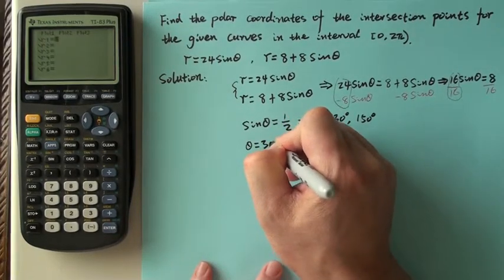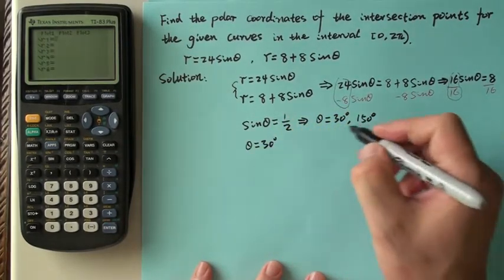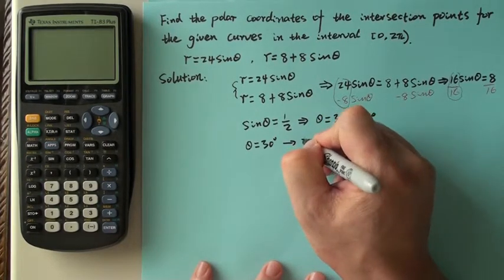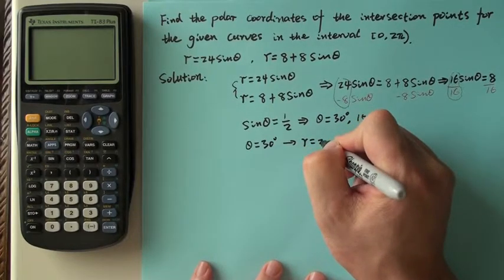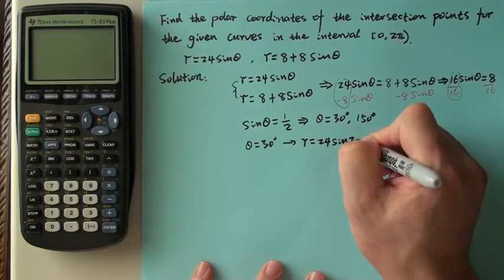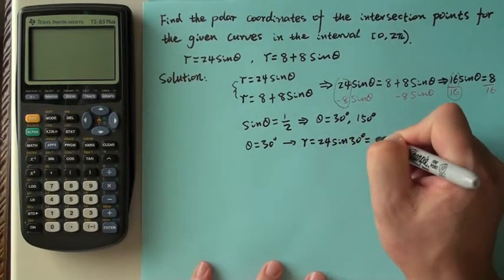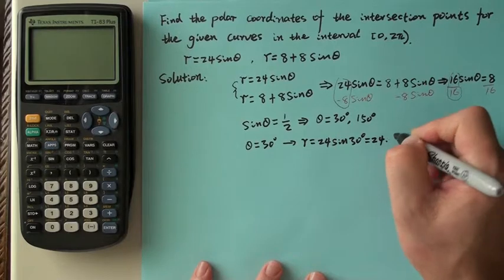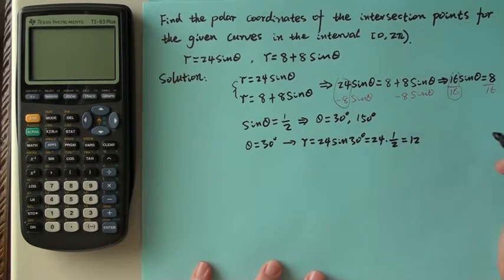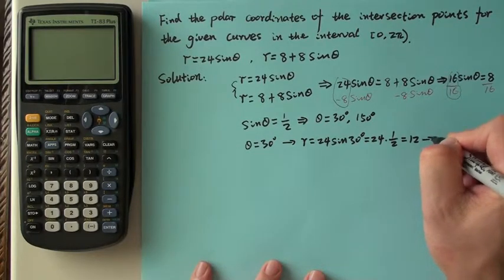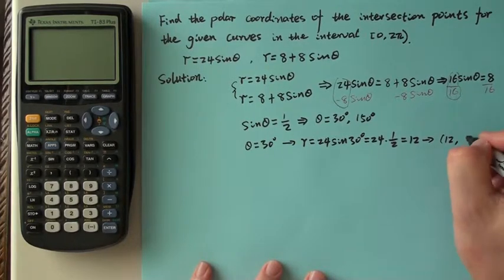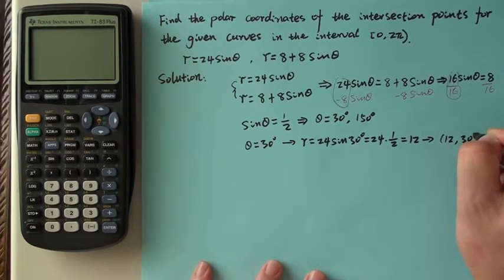For theta equals 30 degrees, r equals 24 sine 30 degrees. That's 24 times 1/2, which gives you 12. So the first point, putting the radius first, is 12, 30 degrees.